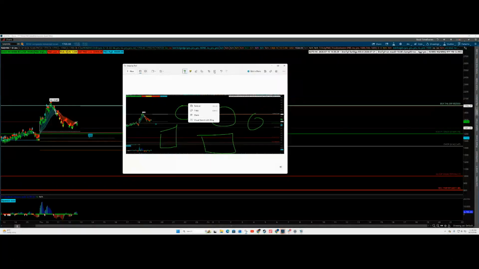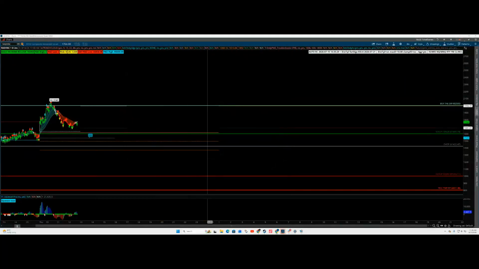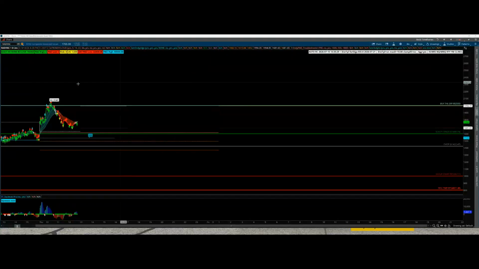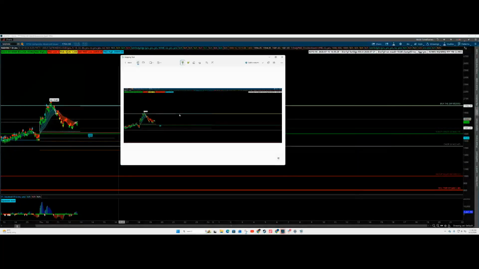Does anybody know if there's a copy tool, like when we cut and paste? What I usually do is go to the snipping tool, go to new, and cut and paste. Then I could draw. Maybe this would do it. Okay, that might work.